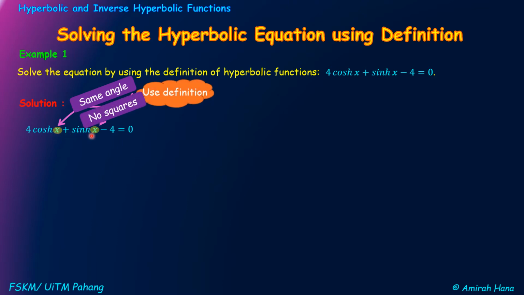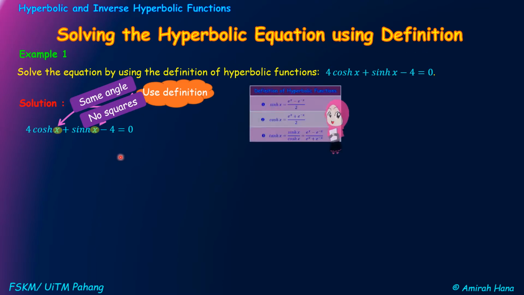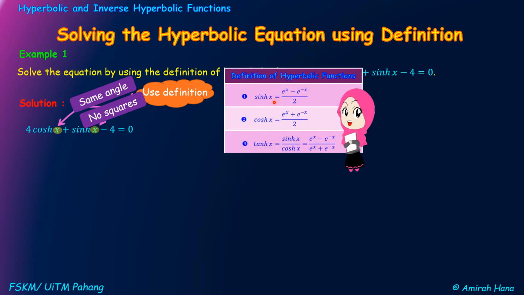Every time we have the same angle and no squares, we can solve the hyperbolic equation using definition. Definition here means we write in terms of exponential function. In the previous video, if the equation is given in terms of squares, we need to use identities.